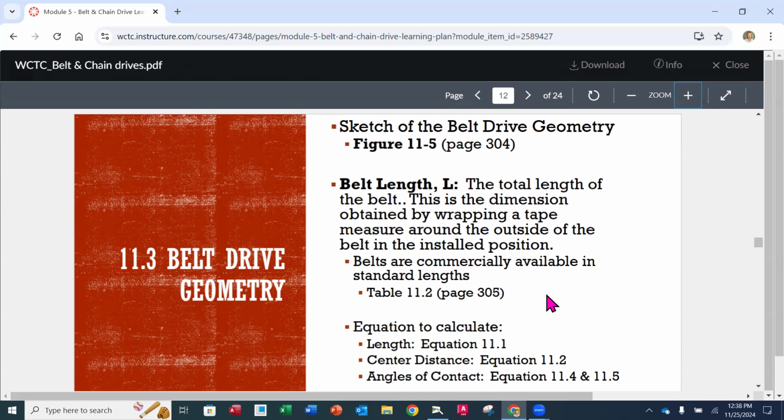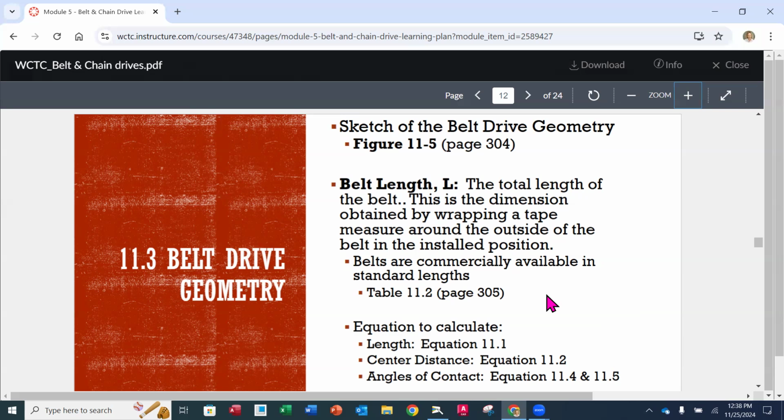Your belt is going to be nice and tight when it's first in its application, but like I said, over time, it's going to loosen up. We don't want it to jump off of the sheaves. So usually we put in a spring tensioner or something like that to take that up. And you may have seen that in applications that you've encountered.